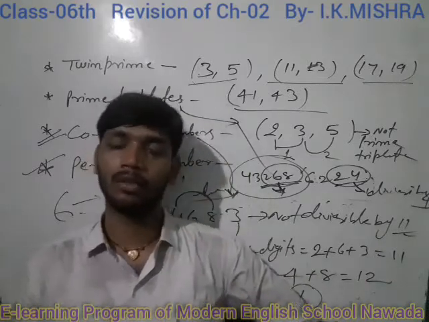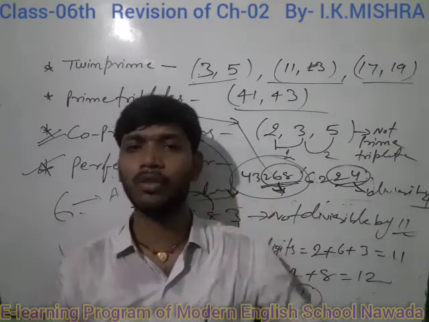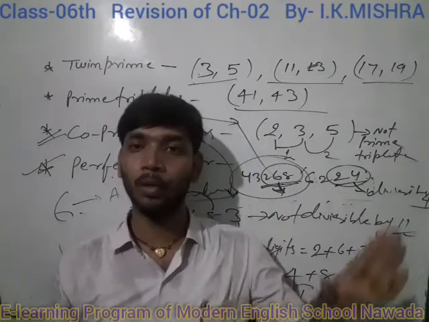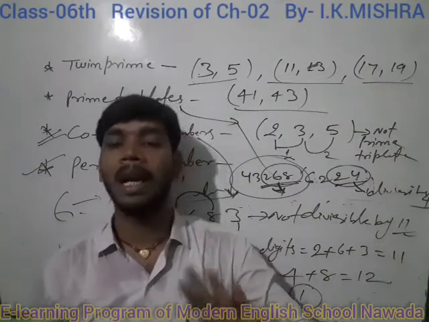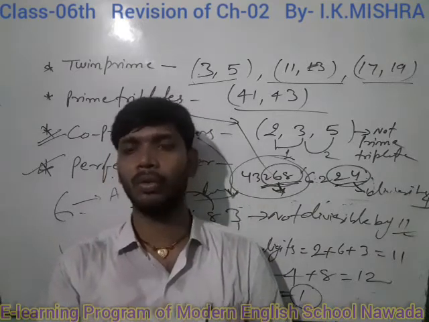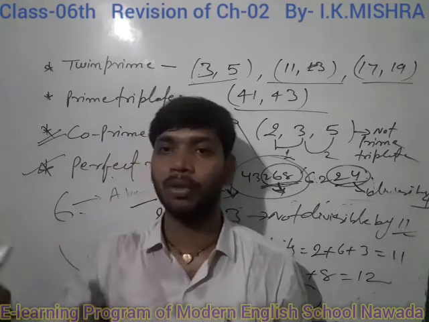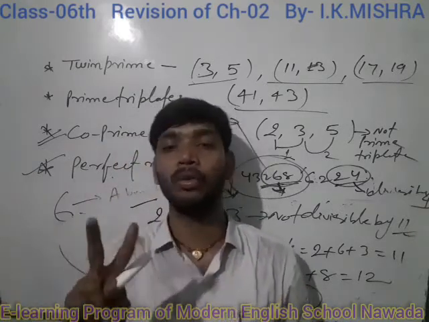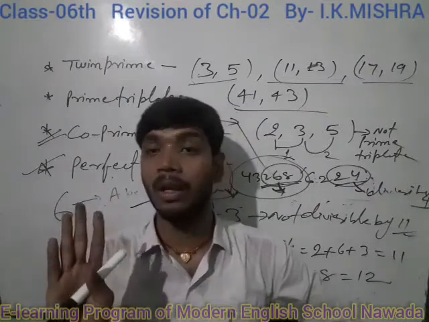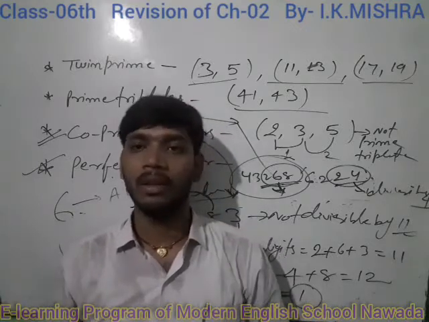In the last questions you solve true or false statements. Suppose in question number 1, 5 questions are given, at least you have to solve 2 or 3 questions. And if you want to solve all the questions, that is too good.